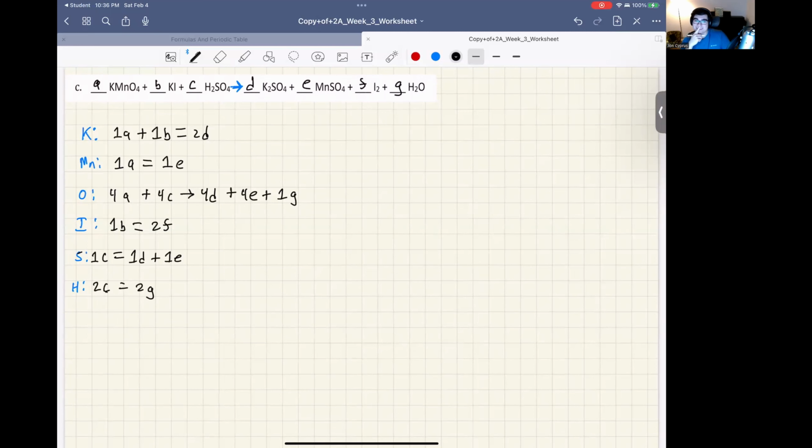Now, how do you solve this? It's just a whole lot of math and substitution. So C is equal to G. Over here, A is equal to E. All right, we got the easy ones. And why did I put an arrow here? Should be an equal sign.